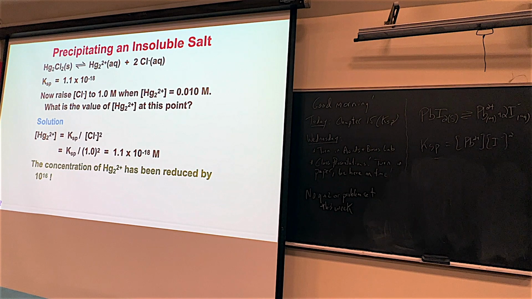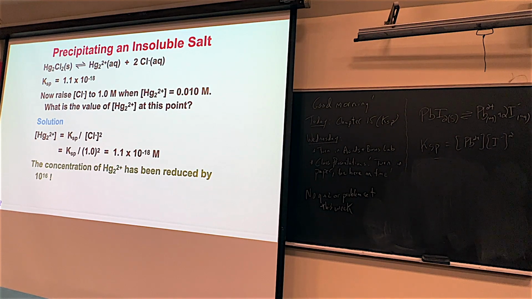If you raise the chloride to 1 mole per liter, our mercury concentration went from a 10 to the minus 2, which is what this number is, down to a 10 to the minus 18th. The difference is about 10 to the 16th. So we've drastically lowered the amount of mercury.